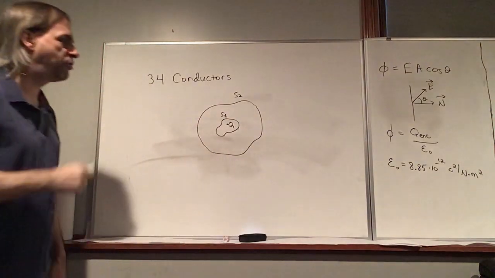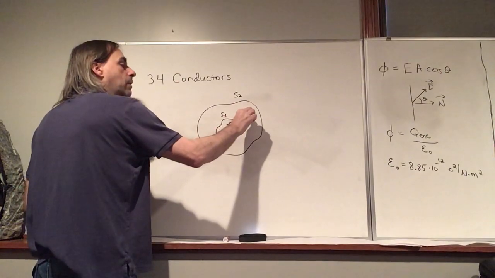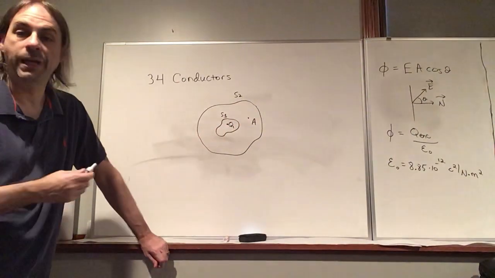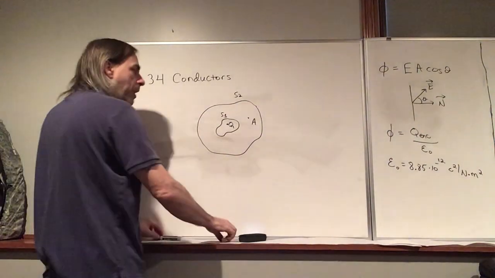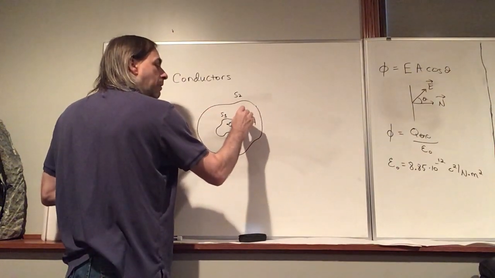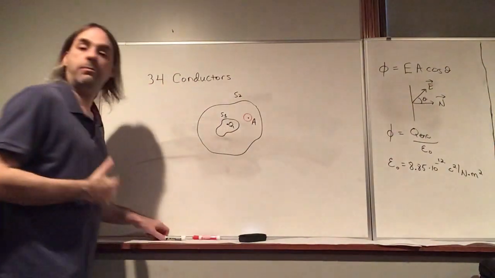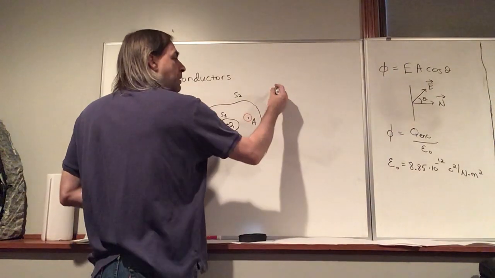So we can have charges building up on those surfaces, but let's say we have a point A. And what I'm going to say is that we cannot have a net charge at point A. And the reason why, let's look at this point, and let's draw a Gaussian surface around it. So point A is completely enclosed by this Gaussian surface. And what can we say about the flux?